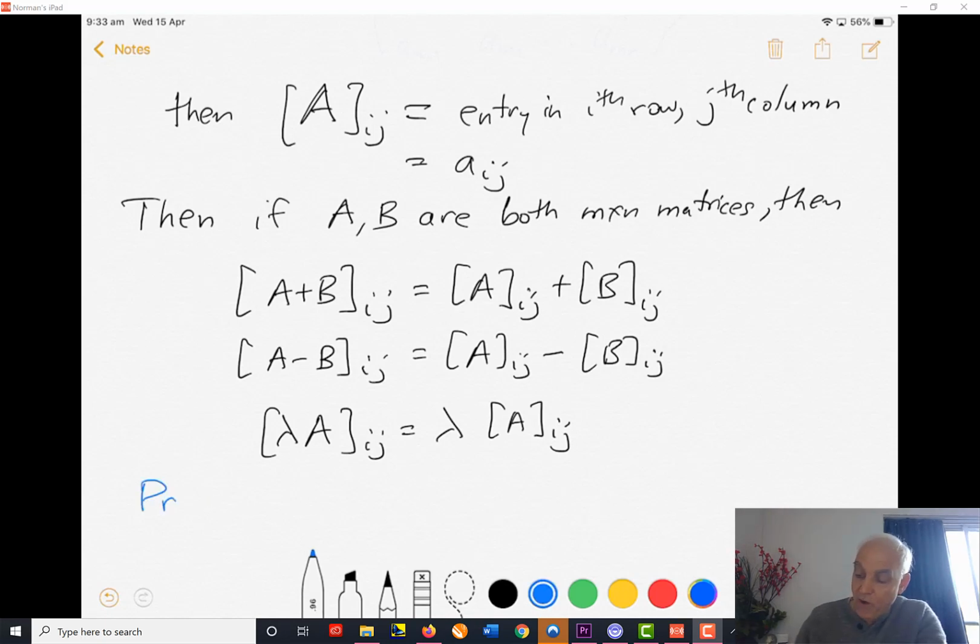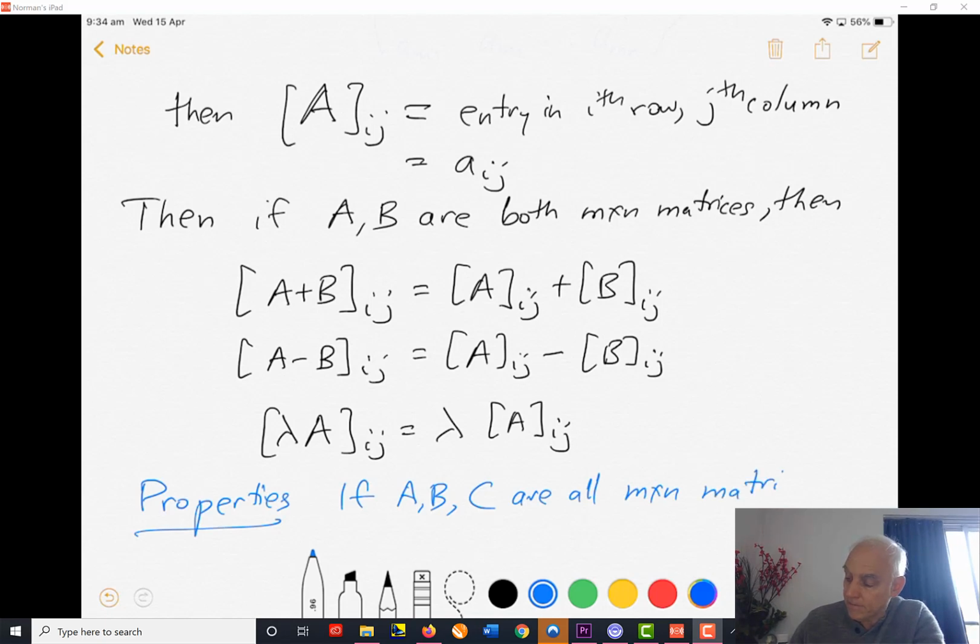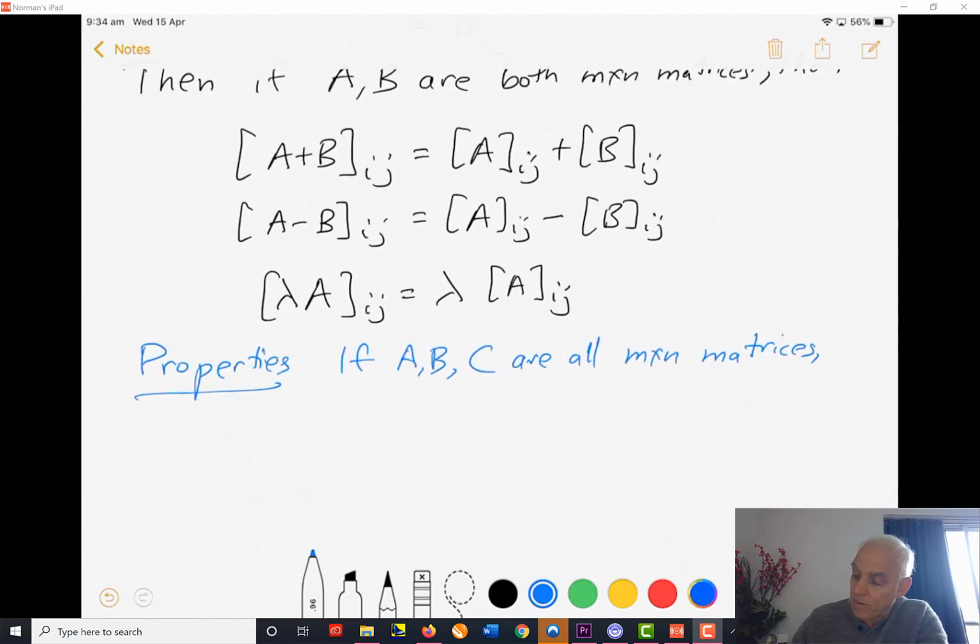Okay, so then we have some properties of these operations. For example, if A, B, and C are all m by n matrices, then we have various laws such as A plus B equals B plus A. That's a commutative rule for addition.